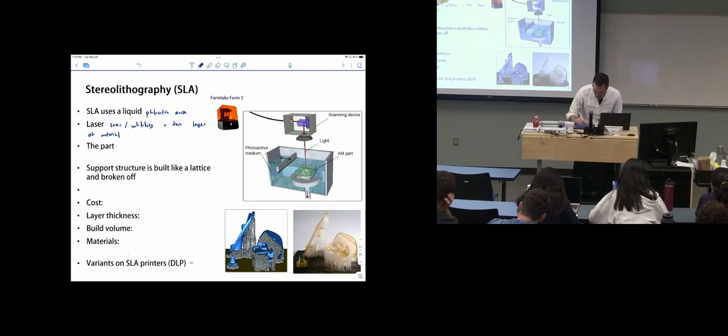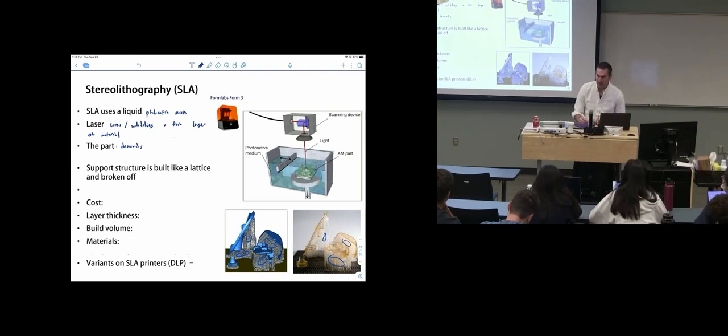And then the part descends. So instead of FDM, which builds the part up, SLA builds the part down. So it creates support structure as like a lattice, and then you just break it off. And you can see all of that support structure down here, it would all come off. What's really helpful about that?